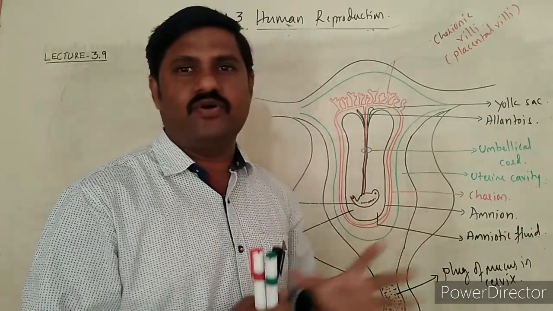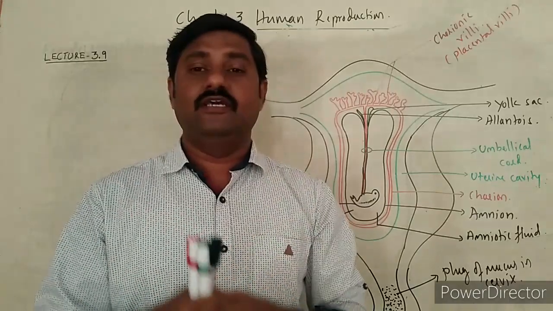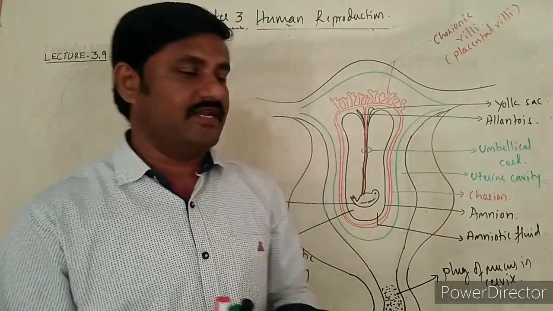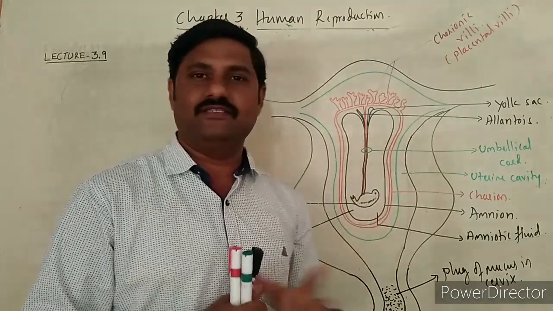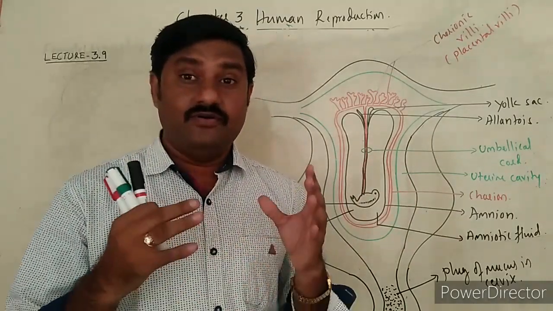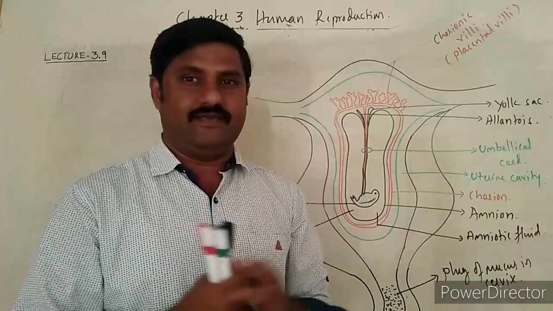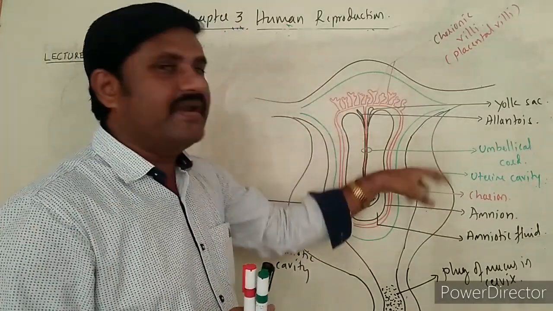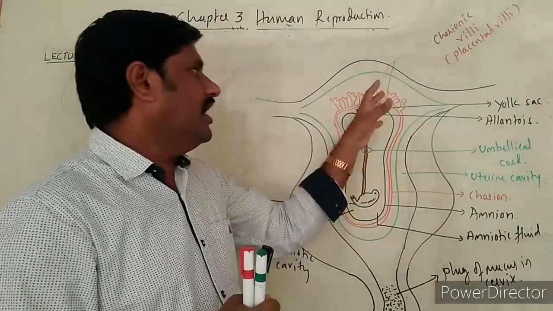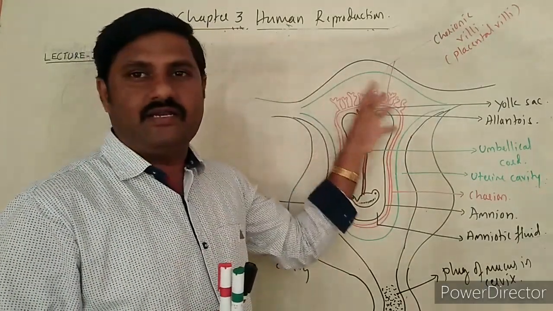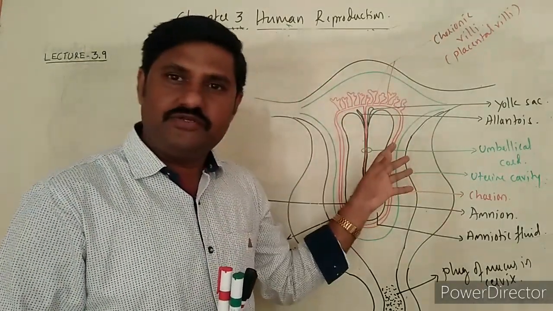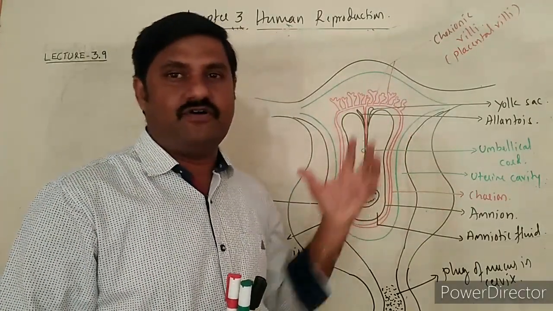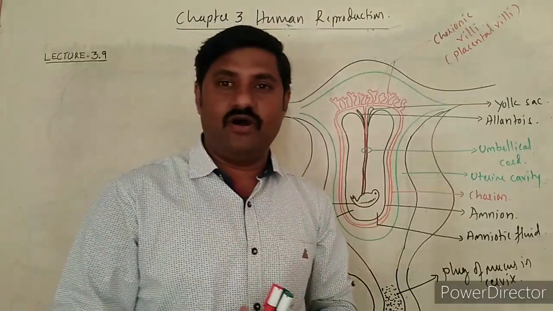Because it is secreting more and more things over there, especially glycogen is produced over here, as well as fat, which is secreted continuously by this layer. So whenever it is secreting, these are embedded into the maternal tissue, and later the maternal tissue, that is the uterine tissue, together with these chorionic villi, form what?